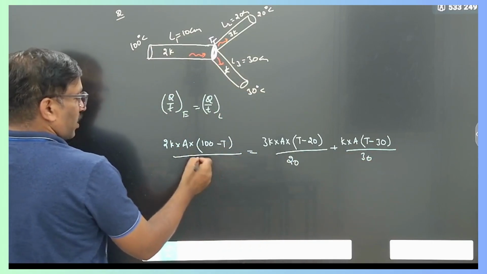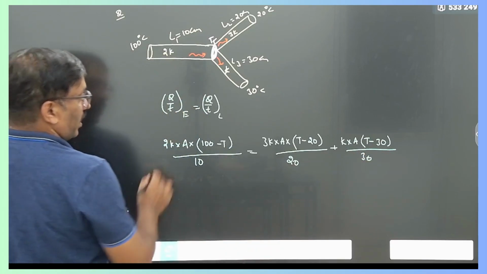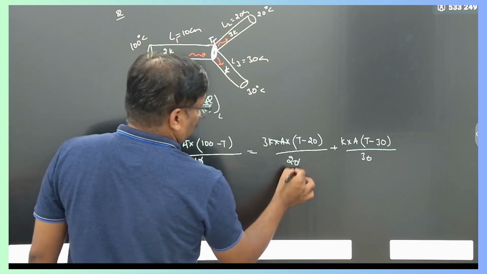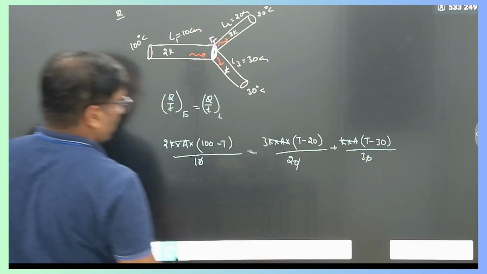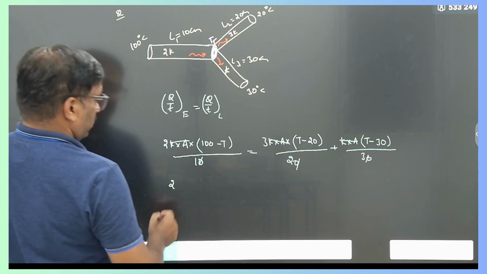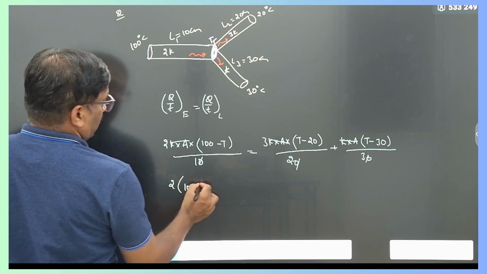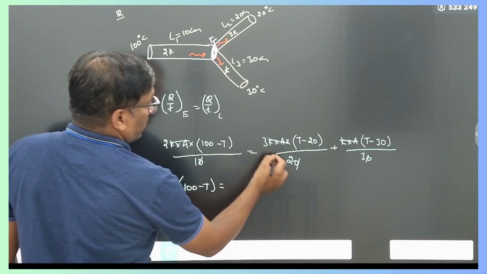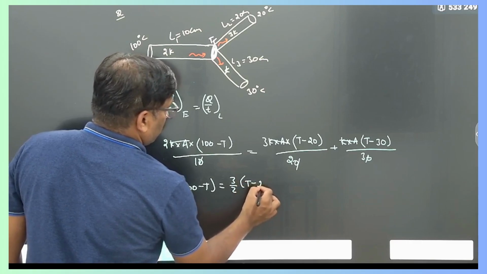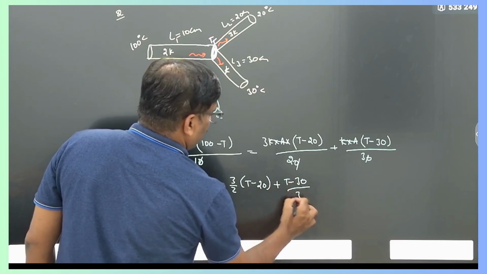Even if you write out 10 to the power minus 2, 10 to the power minus 2, 10 to the power minus 2, they cancel, so it's no problem. Here K also cancels, K and A will be cancelled. So what can I get? 2 into 100 minus T is equal to 3 by 2 into T minus 20, plus T minus 30 divided by 3.